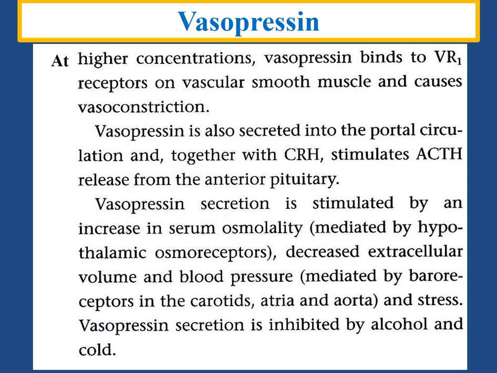Vasopressin secretion is stimulated by an increase in serum osmolality mediated by the hypothalamic osmoreceptors, decreased extracellular volume and blood pressure mediated by the baroreceptors in the carotid artery and aorta, and stress also. Vasopressin secretion is inhibited by alcohol and cold.